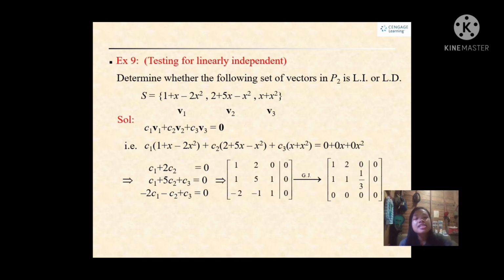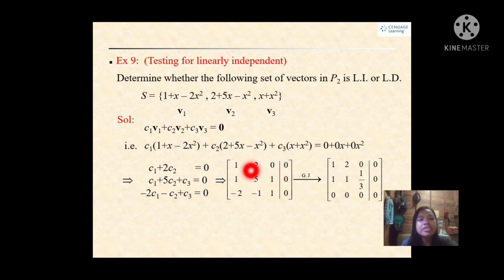To make this a matrix, it will be like this: 1 2 0 0, 1 5 1 0, -2 -1 1 0.